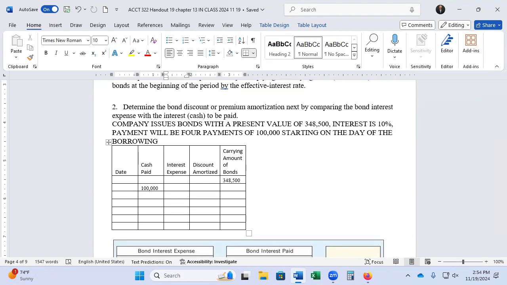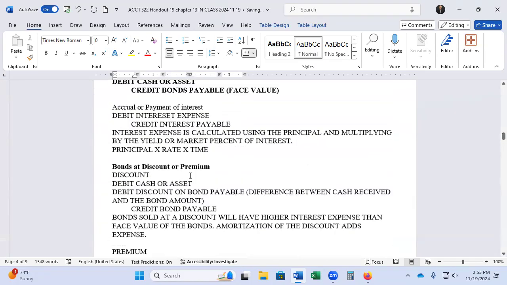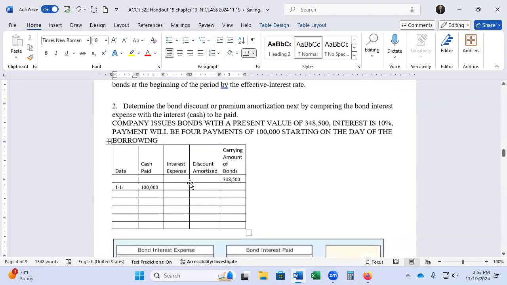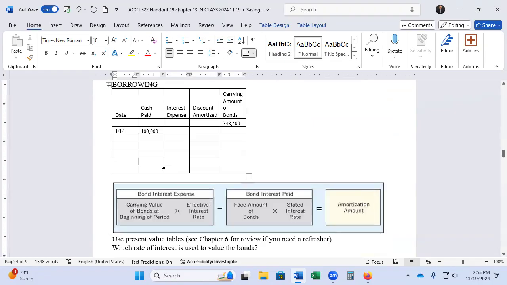Okay, so we're going to be paying 100,000. We're going to pay it at the first of each year. And so this would be, I don't know, did I have a number here for the years? No, I didn't. Okay. Year 1.